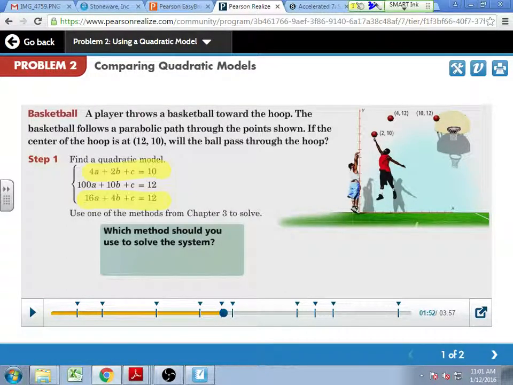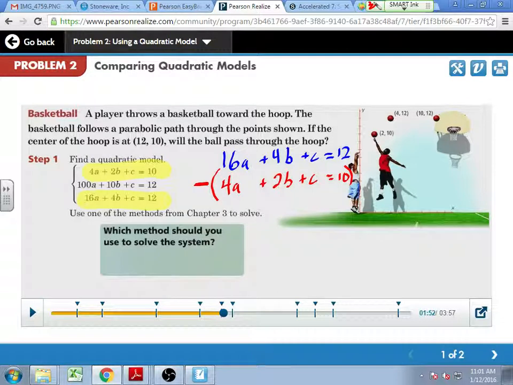So if I set that up, it'd be 16a plus 4b plus c equals 12. I will be taking away from it, so I'm going to do that in red, minus the quantities 4a, 2b, c, and 10.